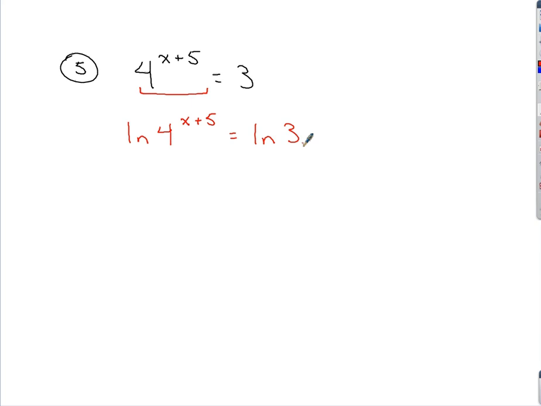So I'm doing that to allow me to bring down this power. This power of x plus 5 has multiple terms to it. It's important I keep some parentheses on there to help me recognize that all of this idea gets multiplied to the natural log of 4.